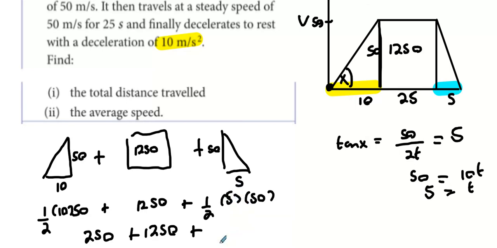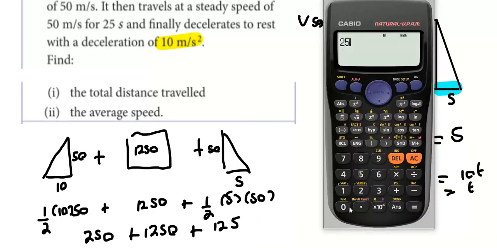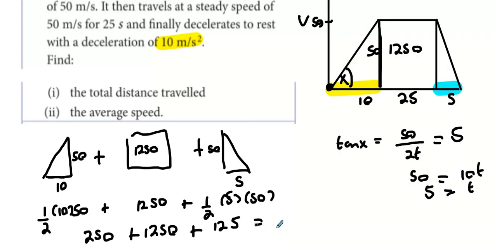Half 5 times 50, 125. Add them all together. 250 plus 1,250 plus 125. And you get 1,625 meters. Okay with you guys?